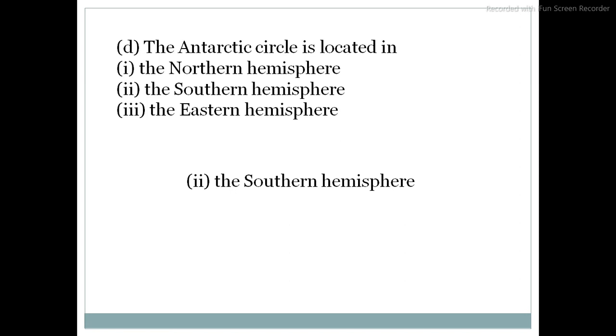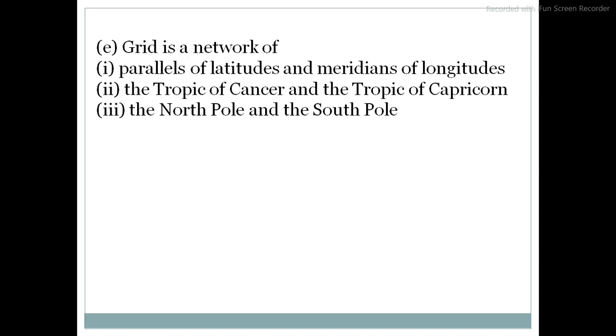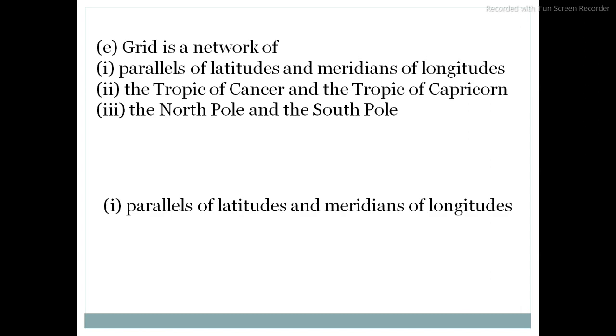As I am saying Antarctic circle, it is clear that it is situated in the southern hemisphere, right? Now E. Grid is a network of. As we had already seen, the grid is a network of all the parallels of latitude and meridians of longitude. So please take the correct answer.